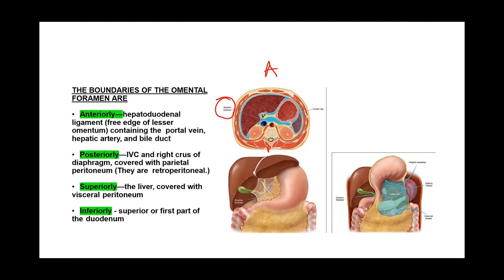So don't forget, when you put your index finger in the foramen Winslow and the thumb anteriorly, just know that behind that index finger is a great vessel there called the inferior vena cava, and it is taking blood into the heart. So don't think it's just like a toy you play with.